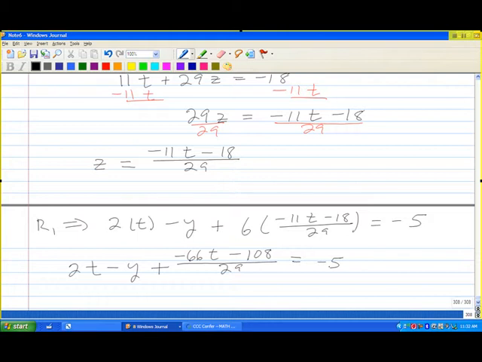Let me multiply both sides of this equation by 29 to get rid of the denominator.